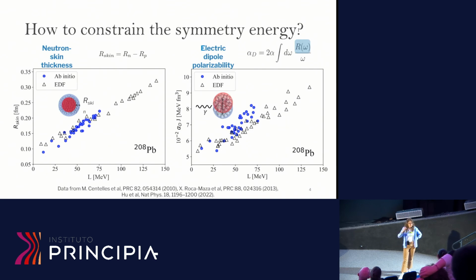There are two approaches, also in energy density functional theory. They either use the correlation, as you say, or they consider only energy density functionals which are able to reproduce a certain set of data that we think are sensitive to the neutron-to-proton asymmetry, and we get constraints from that. I just went with the second way.